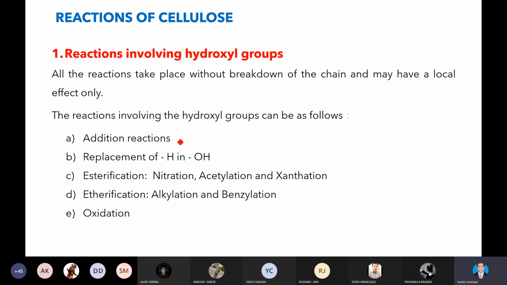So these are the five different types of reactions which are possible with all these types of hydroxyl groups. Now, whenever these reactions are taking place, they take place without breakdown of the chain.